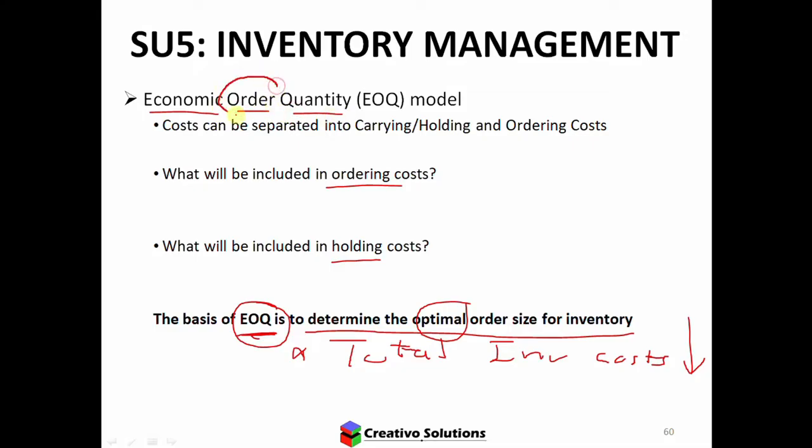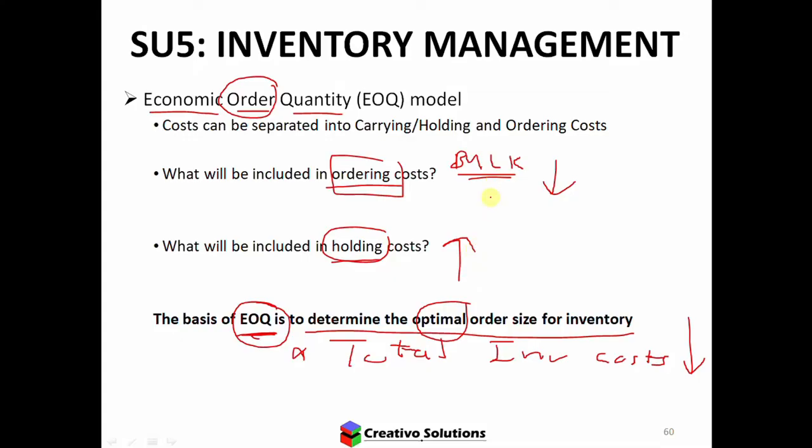Right, remember we said if I place bigger orders, so if I have a bulk sale or a bulk purchase, do you agree my ordering cost will decrease, right? Yes. But what's going to happen to my holding costs? It's going to increase. Exactly.